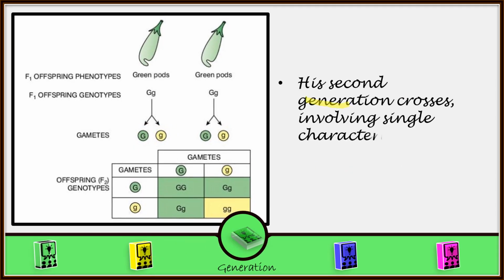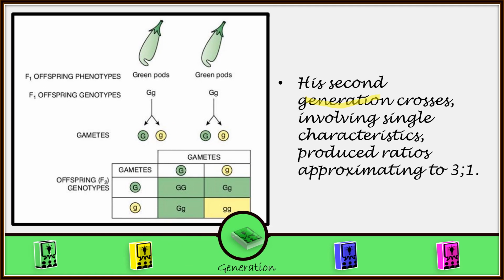His second generation process involving a single characteristic produced a ratio of approximately 3:1. So when you look here, in the F2 generation, these are green.